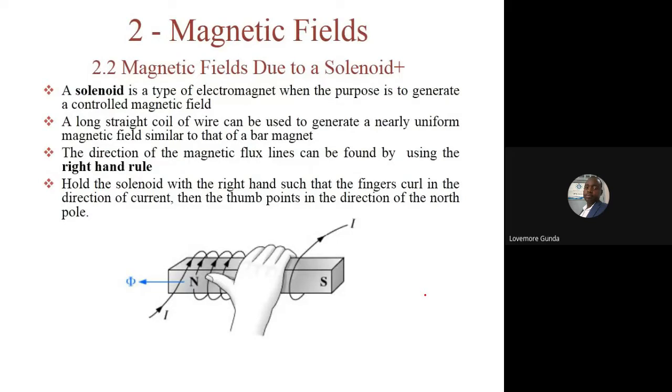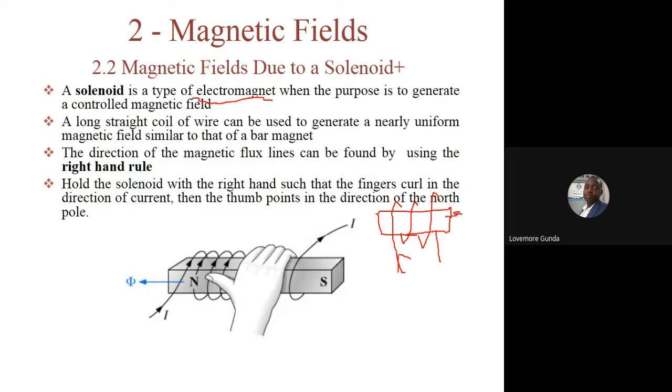Then there's something which is called a solenoid, which is a form of an electromagnet, which is used to generate a controlled magnetic field. So when you talk about a solenoid, we are saying you have a magnetic material and you wound a wire around it. Then you push a current through the wire. Then it will produce a magnetic field.